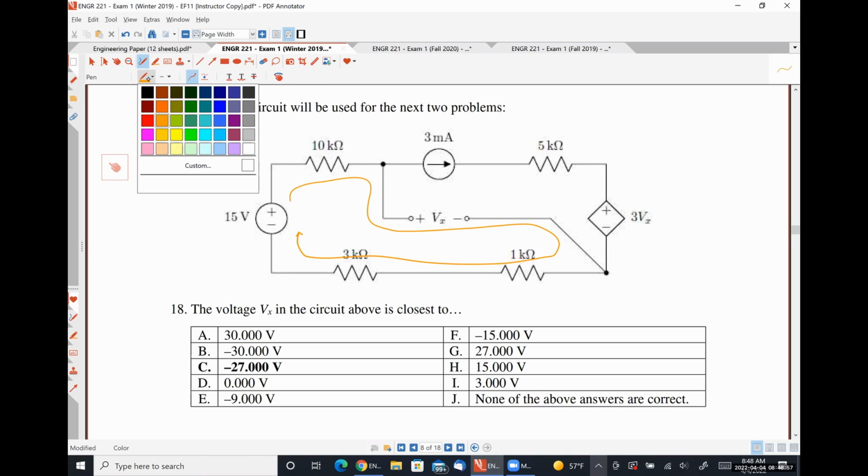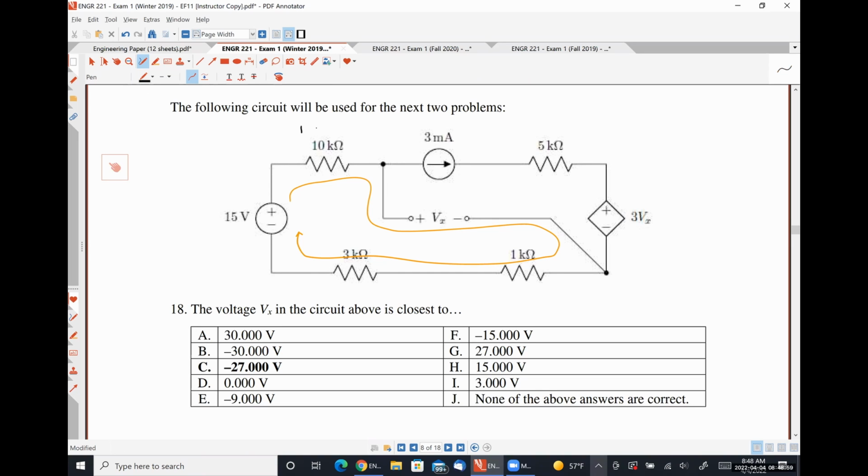So what I mean by that specifically is that the voltage drop over this 10 kilo ohm resistor has to be 30 volts, because 3 milliamps times 10 kilo ohms is 30 volts. The voltage drop over this 1 kilo ohm resistor has to be 3 volts with this polarity. And the voltage drop over this 3 kilo ohm resistor has to be 3 times 3 is 9 volts.